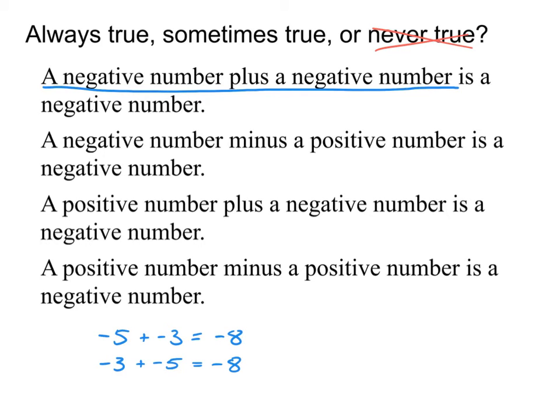It gave me the exact same thing, which tells me it's not changing based on the order. Because of that, it will always equal a negative. And because the answer is yes, we're going to say this one is always true.